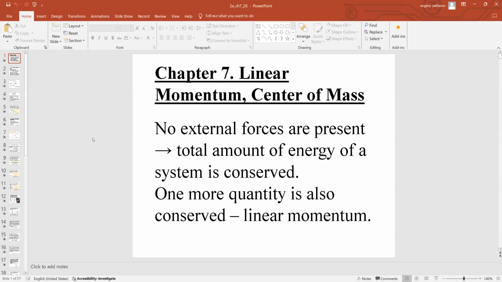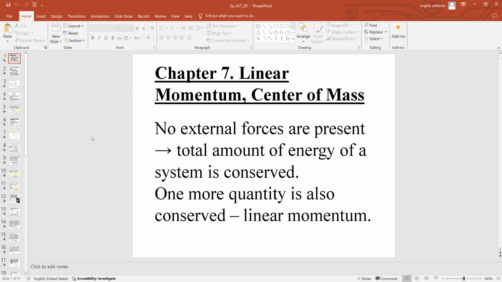We invented the concept of momentum to solve collision problems. No matter what the collision is, elastic or inelastic, momentum will be conserved. So overall momentum for the system is conserved is a very powerful statement to solve all sorts of collision problems.